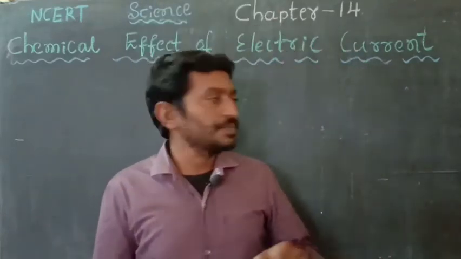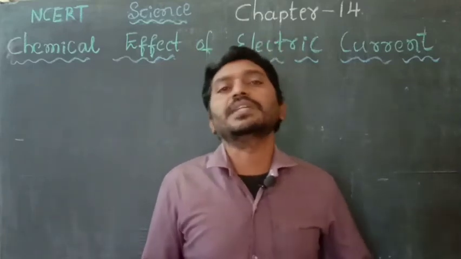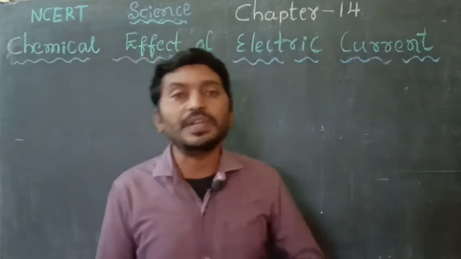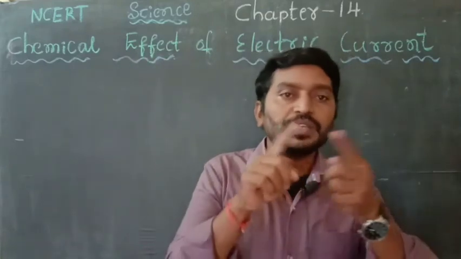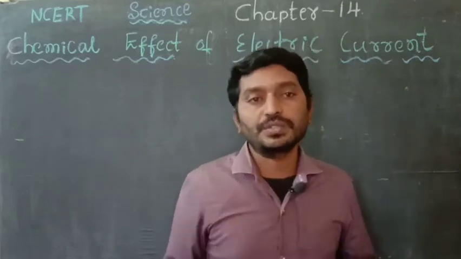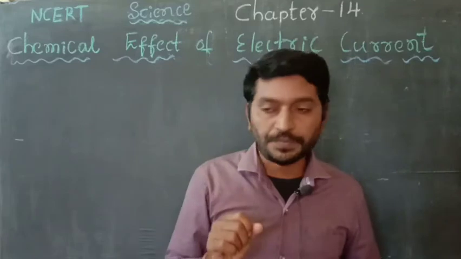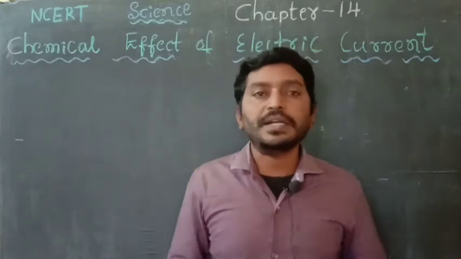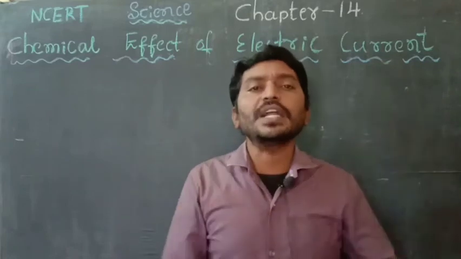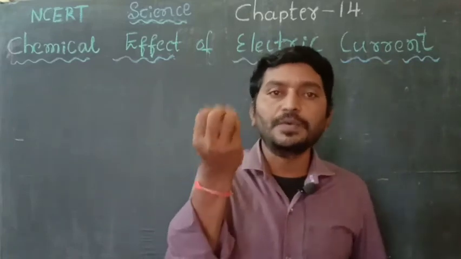Dear students, yesterday I explained one simple experiment, that is conduction of electricity in liquid. I took lemon juice, the lemon solution. When we connect the positive and the negative terminal, the electricity flows and the bulb glows.